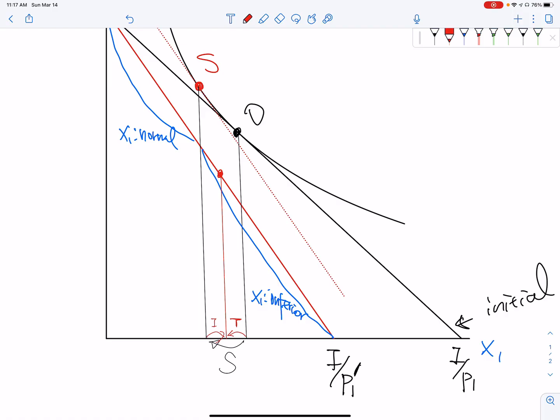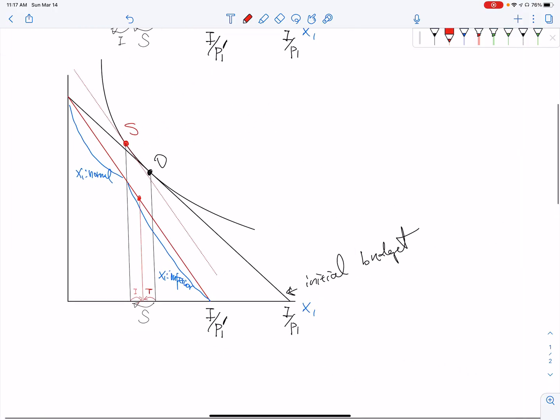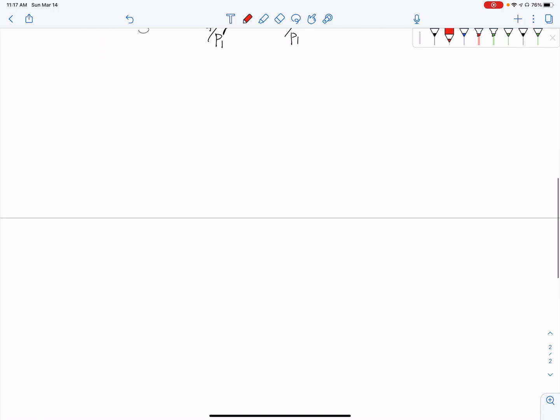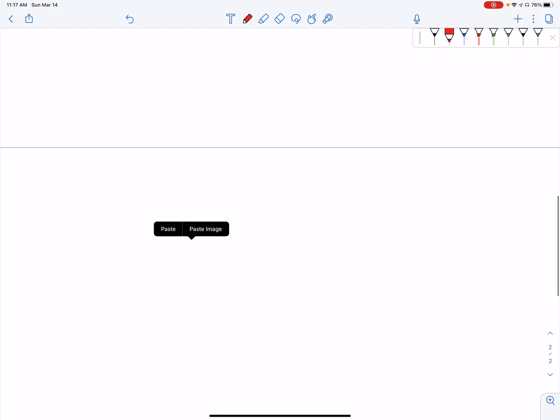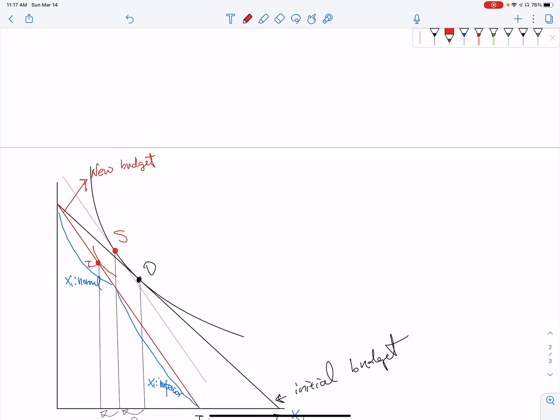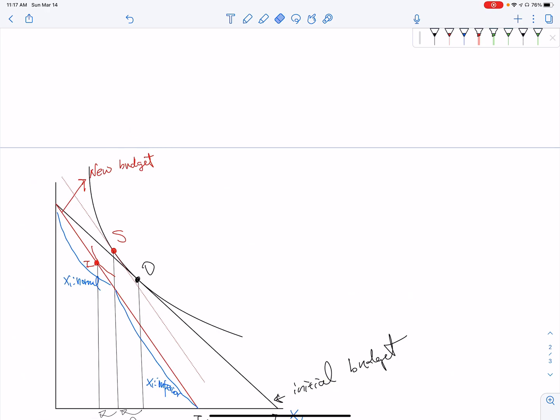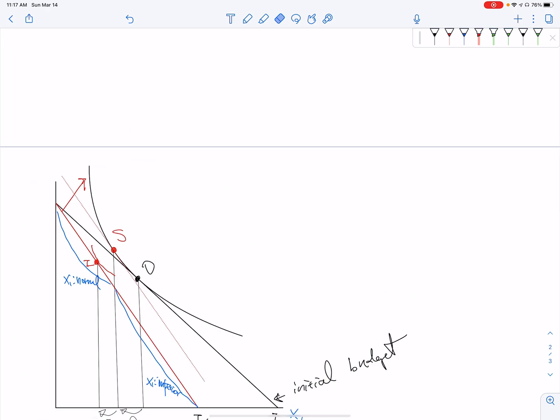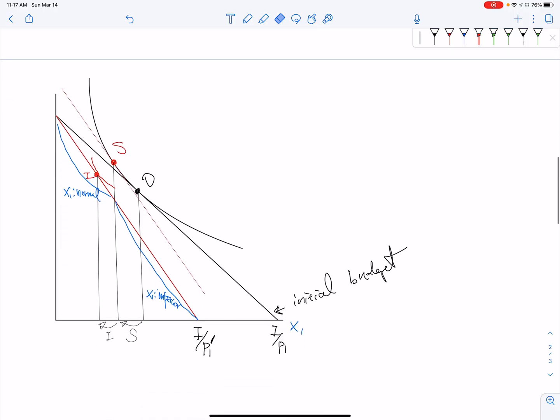So the consumption of X1 still goes down. Now let's look at the really extreme case.